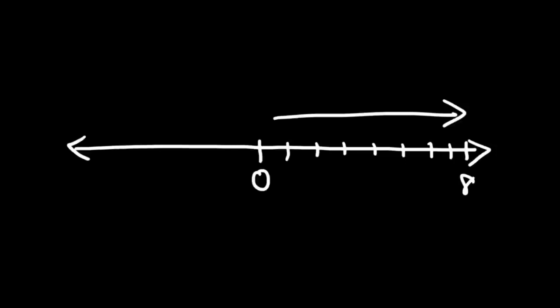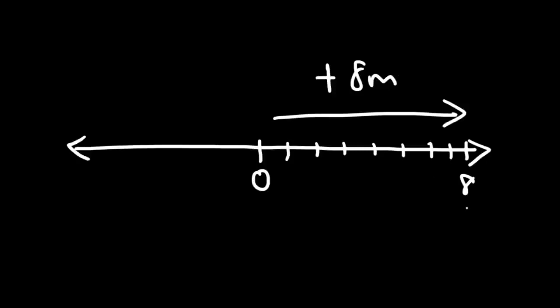So let's say if we have a number line, and let's say this is position 0. So John traveled 8 meters east. So now he's at position 8 on a number line. So during the first part of his trip, his displacement was positive 8.